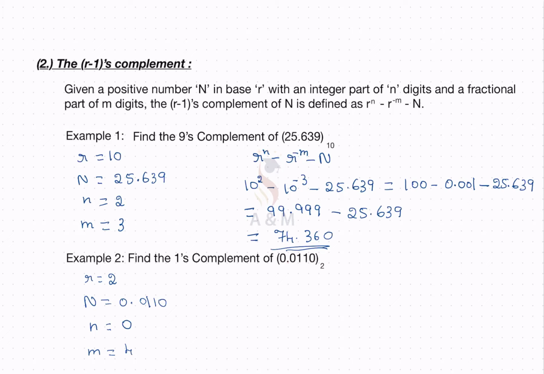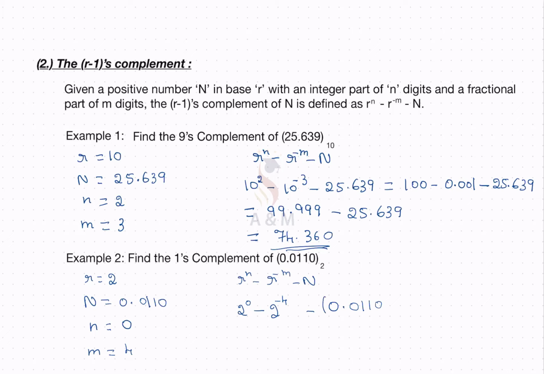Now substitute these values into the r minus 1's complement formula, that is r to the power n minus r to the power minus m minus n. We get 2 to the power 0 minus 2 to the power minus 4 minus 0.0110.